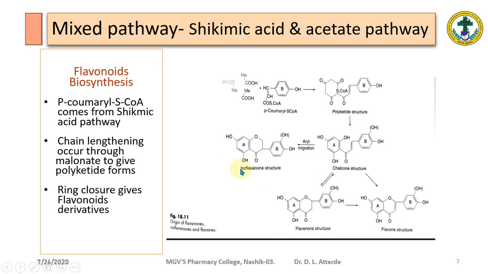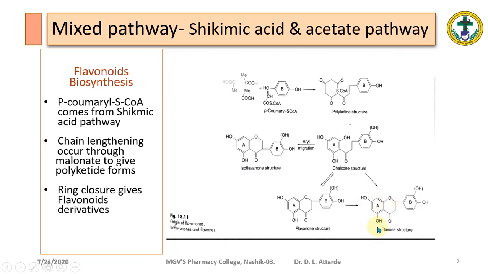So this is called the isoflavone structure because this B ring is at the second carbon of this ring closed part. Here it may give you the flavone structure, where you can see the B ring is at carbon 1 of this heterocyclic ring. So this is ideally a furan ring.